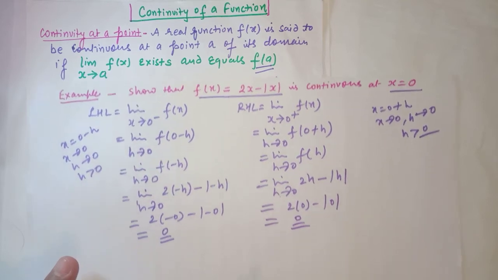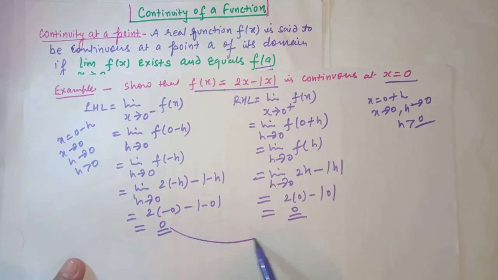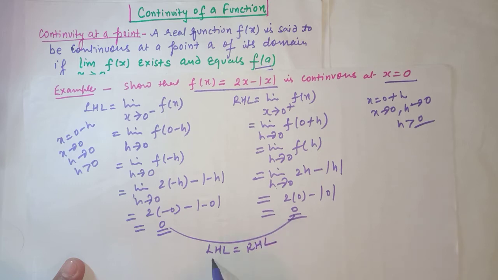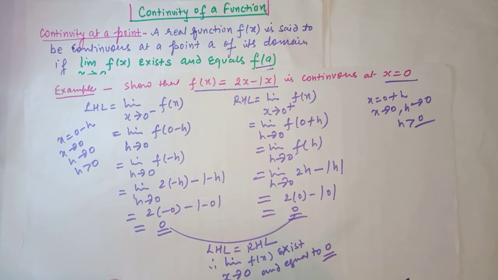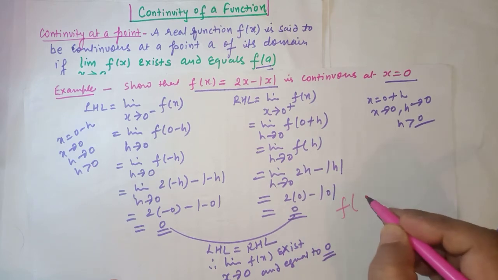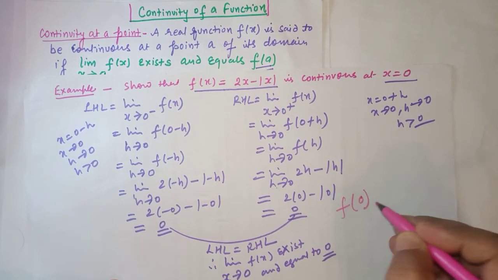So it is 0. Now here we see that these two limits are same. That is, left hand limit is equal to right hand limit. So therefore limit x tends to 0, without any sign here, f(x) exists. Clear? Exists and equal to 0. Now let us find the value of f of a. f of a is f of 0.